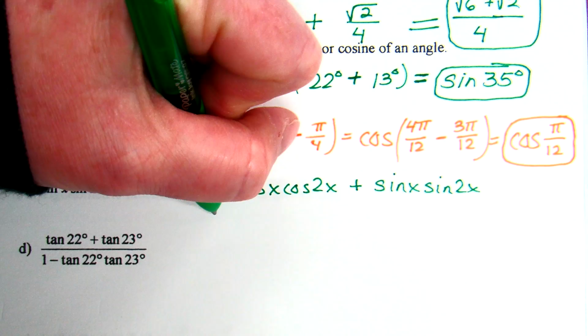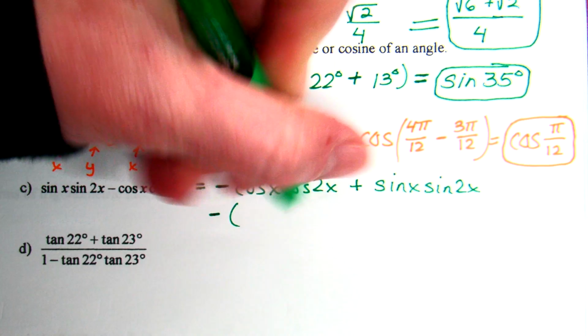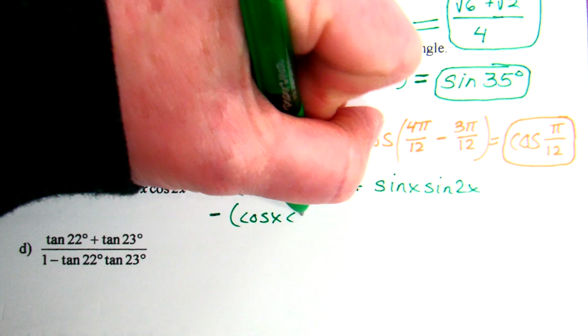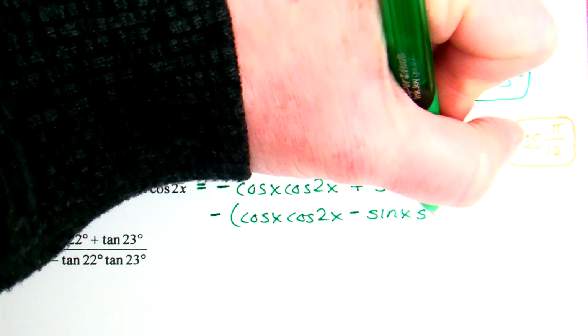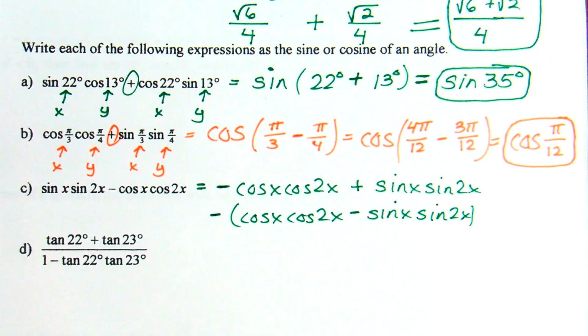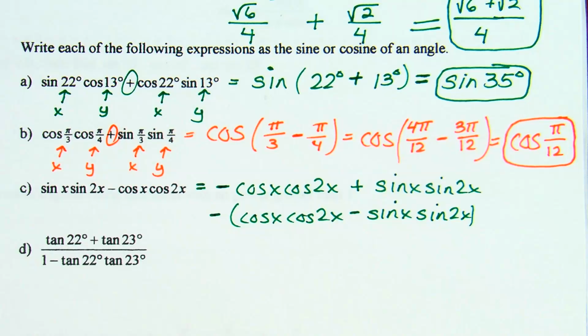So my suggestion is that we factor a negative out. Okay, so if we factor a negative out front, and we'll just carry that along, then this negative cosine stuff becomes positive cosine x, cosine 2x, and plus sine x, sine 2x becomes minus sine x, sine 2x. Is that better for you?